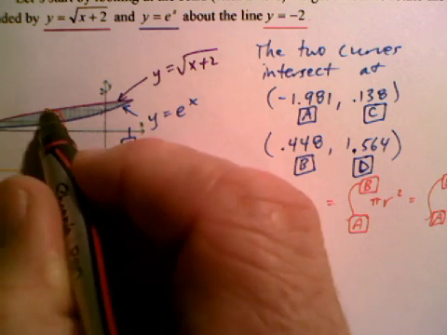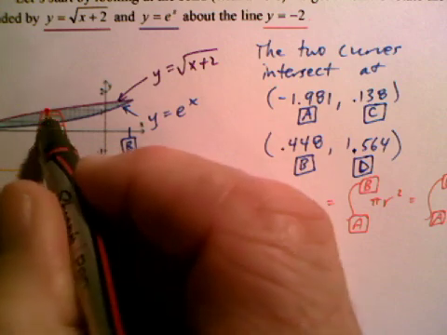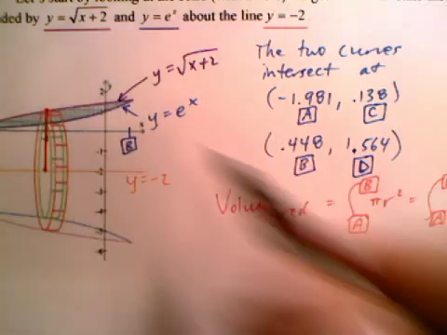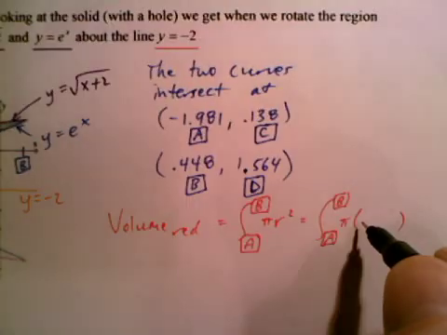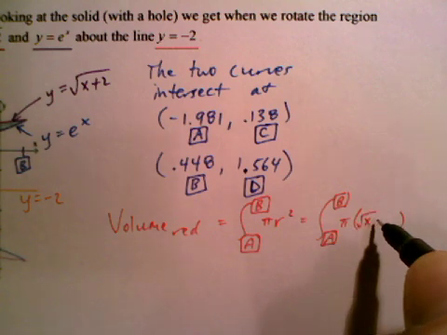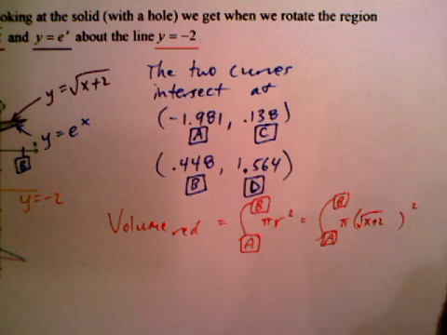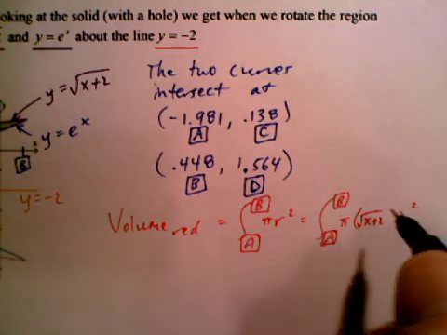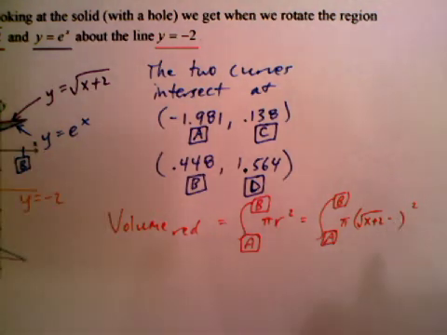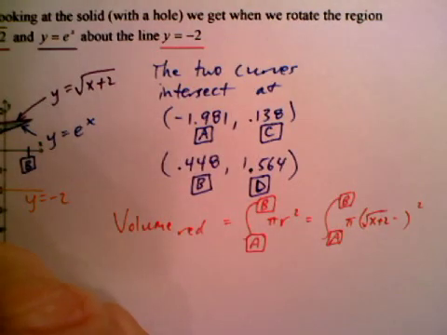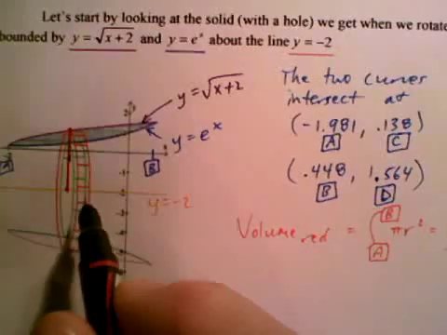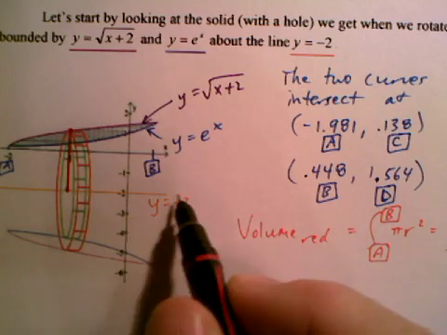Now that radius is the length of that line segment, the purple curve, which would be radical x plus 2, and we're going to have to square that. Radical x plus 2 minus that line right there, and that line is y equals -2.